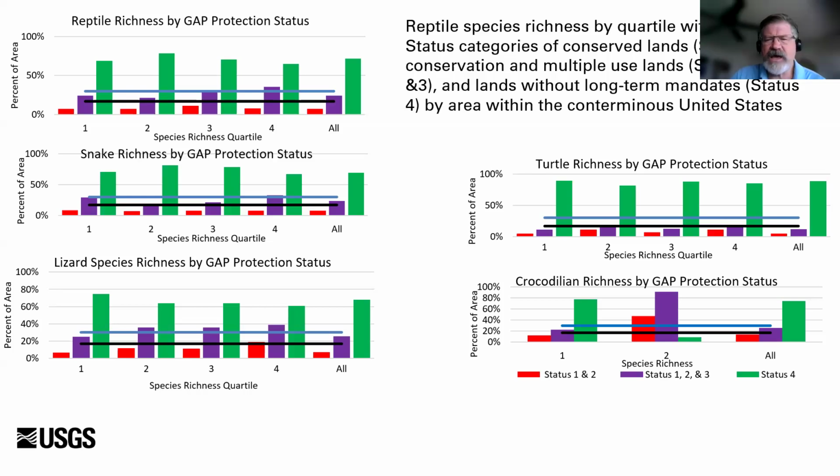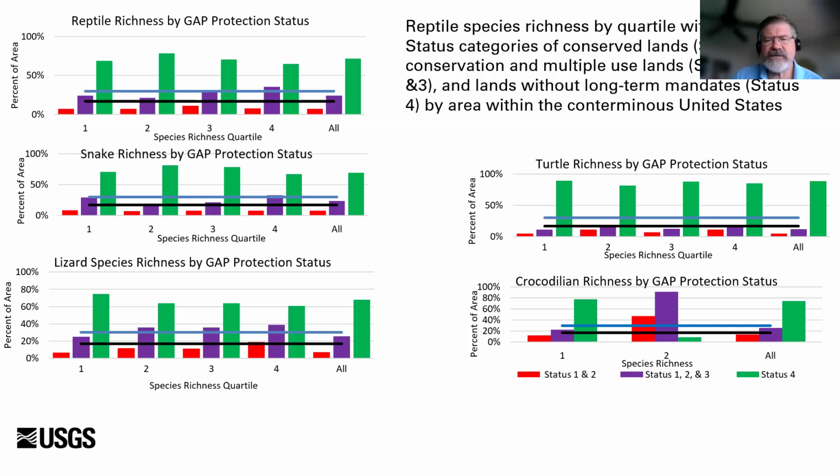The black line is an older biodiversity metric of 17%, but we can look within just the reptiles, if we want to look at snakes, lizards, turtles, or crocs, of how much habitat is protected within those different conservation lands.